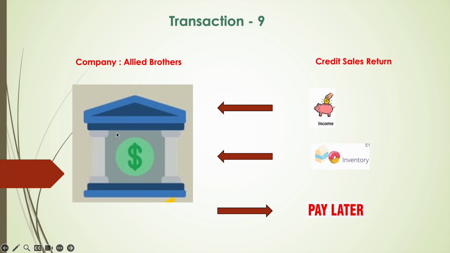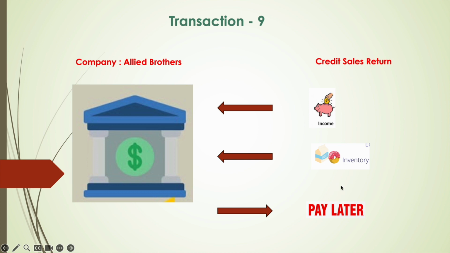Customer returns goods. The customer returns the purchased goods to the seller, providing reasons for the return. Verification of returned goods. The seller verifies the returned goods to ensure they are in their original condition and eligible for return according to the company's return policy. Issuing a credit memo.